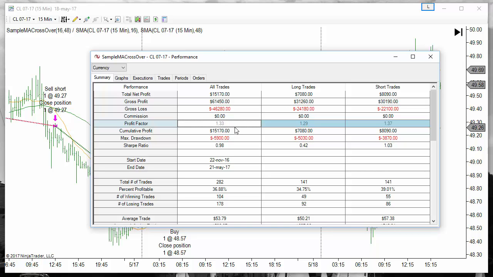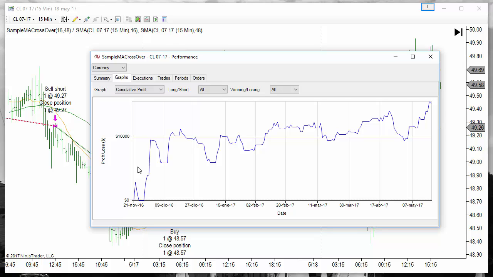As I told before, usually it is best to have a profit factor bigger than 1.4. The equity curve is also something that we should pay attention to, because this equity curve is not something that we would like. We look for an average slope to the upside, of course, but not so noisy as this one.